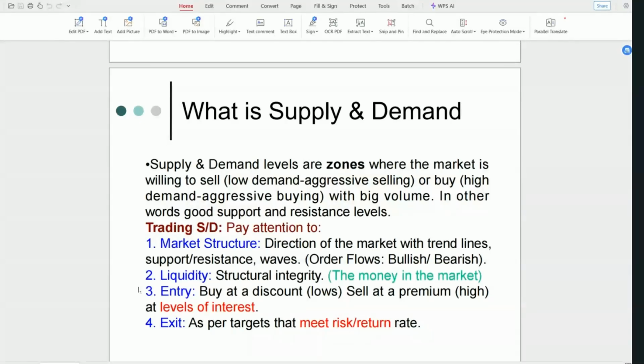Then we have obviously where to enter the trade. We always want to buy cheap and sell expensive, which means that when we're trading supply and demand, we have to wait for a retracement to happen before we enter the trade. So understanding where these demand and supply zones are, understanding when the market structure changes is important so that we can identify a retracement entry.